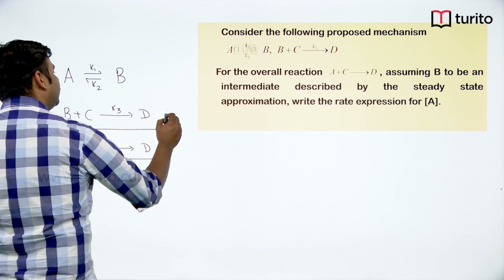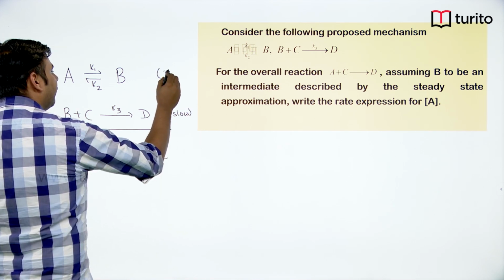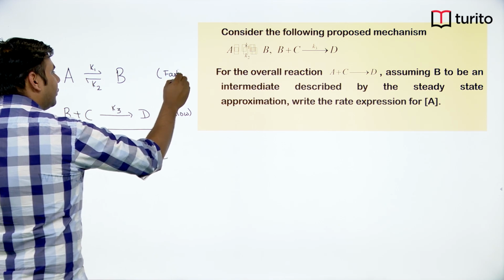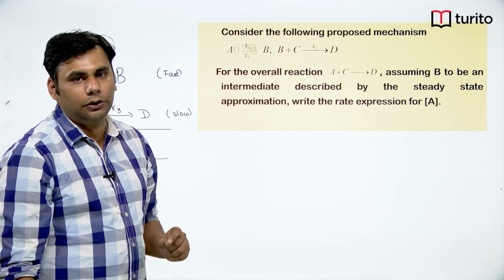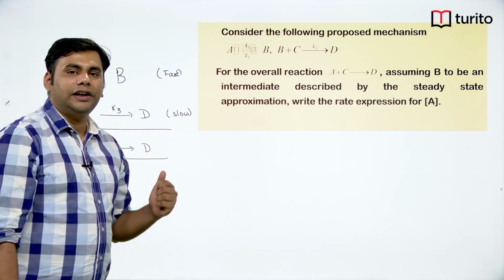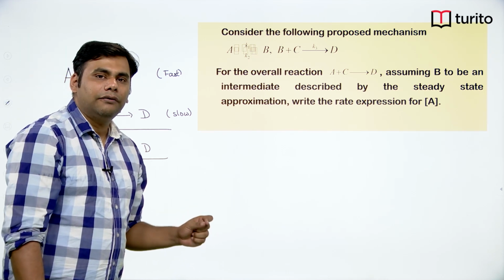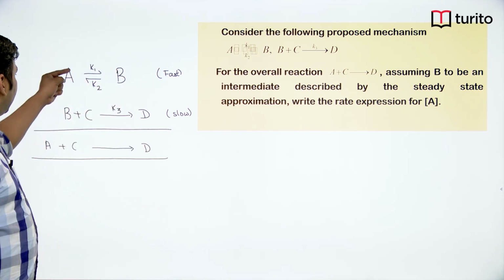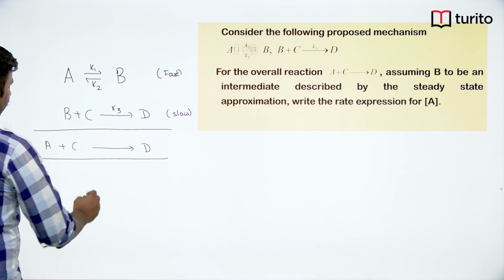So in this, let us assume the slowest step to be the second step, and the first is the fast equilibrium. Okay. So basically we know that whenever a complex reaction has been given to us, we have to see the rate determining step, or that elementary step which is slowest. So out of these two elementary reactions, the second step is the slowest step.